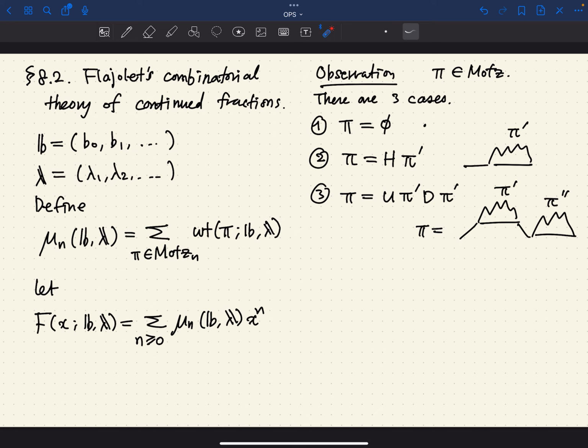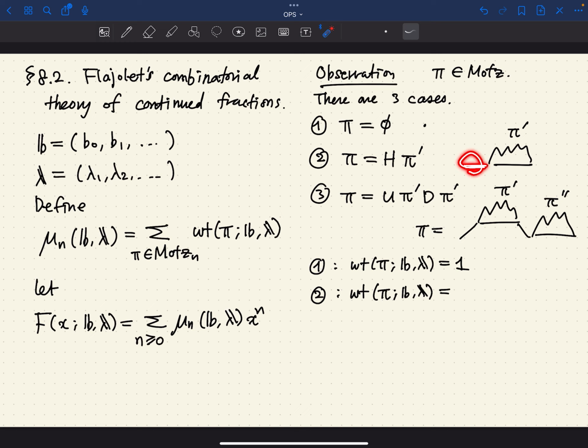Okay, and what happens in the first case? In the first case, what is the weight of pi? Let me write it this way: the weight of pi under b, lambda is, of course, 1. The product of nothing we define to be 1. In the second case, what is the weight of pi compared with the weight of pi prime?